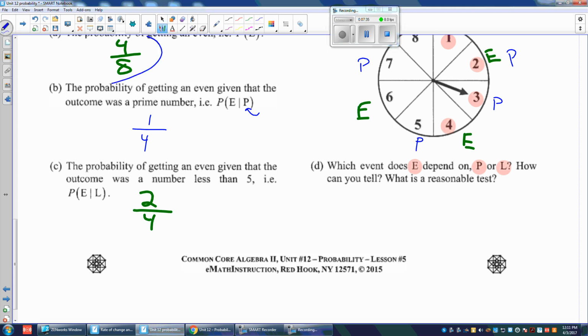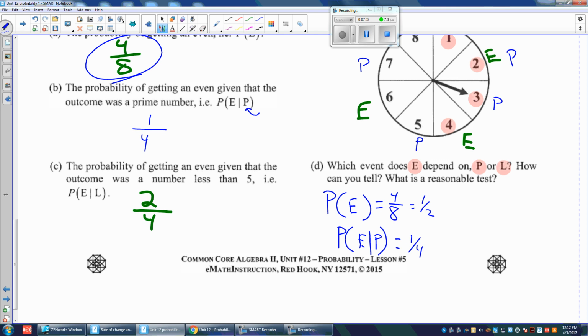Here is the probability of even. The probability of even equals 4 out of 8. Now, I'm just going to simplify that to be 1/2, even though you know I hate that. Okay? But the probability of even, given that it's prime, equals 1/4.